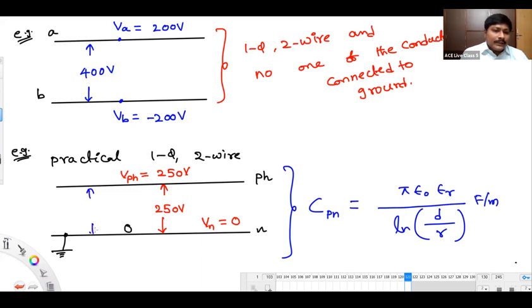Call this distance small d and the radius of each wire small r. Then it will be pi epsilon naught epsilon r by ln of d by r farad per meter. The formula will be the same. Only one capacitance.